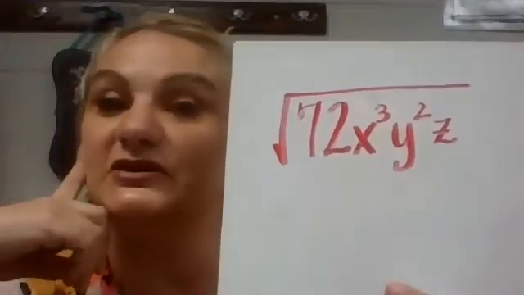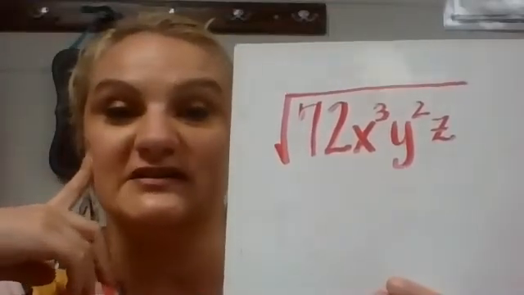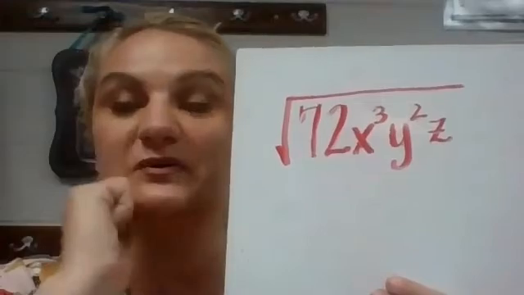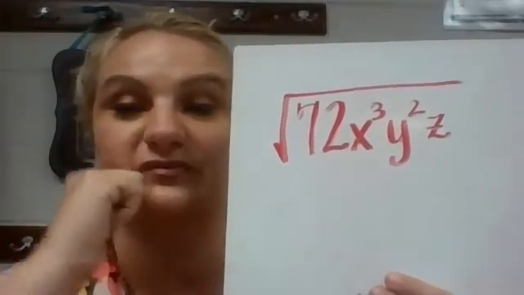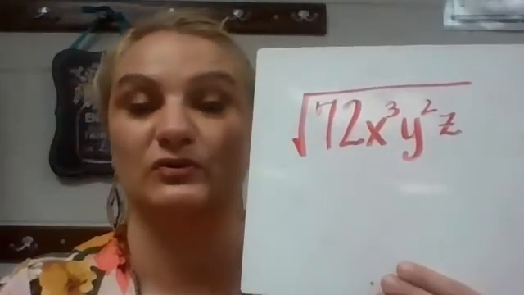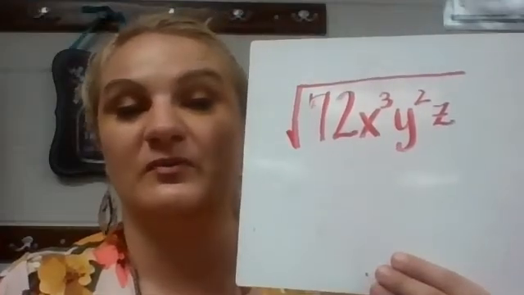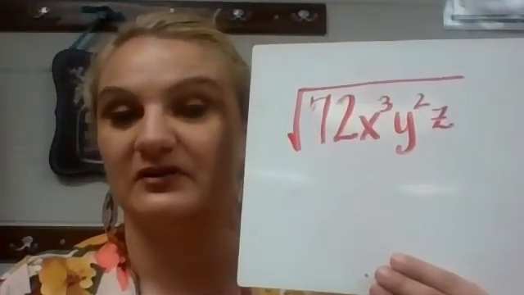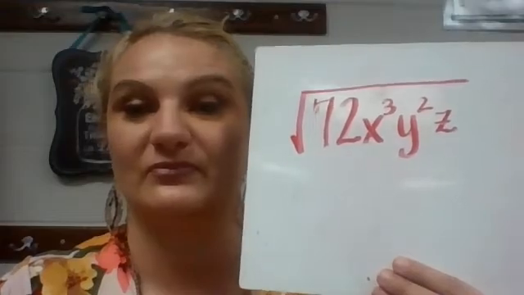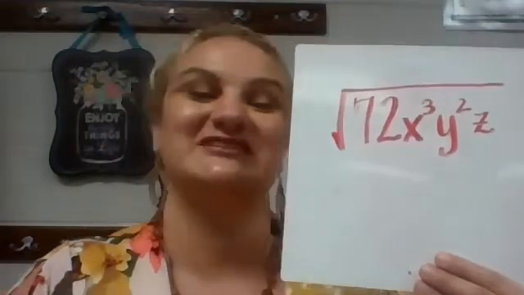The very first thing you have to think about when you look at these is: is 72 a perfect square? No. Good. So my first job is to do what? Factor it. Good job, Zane.